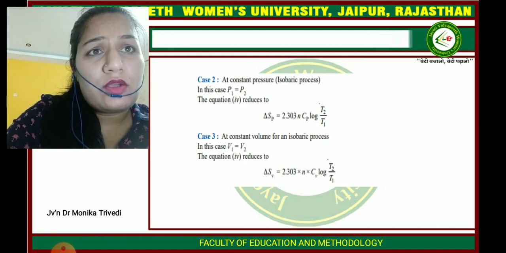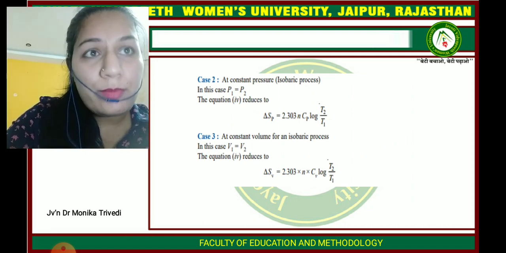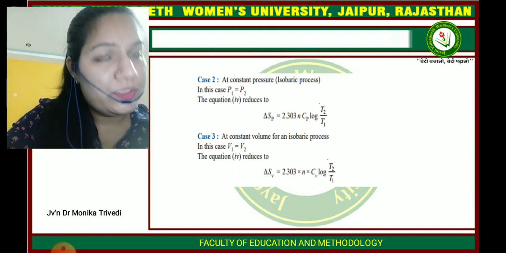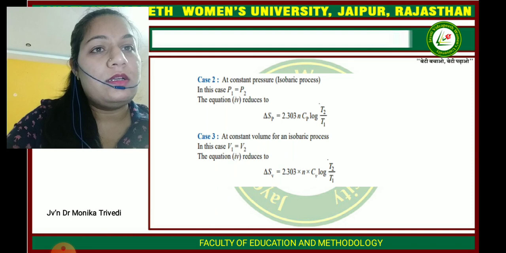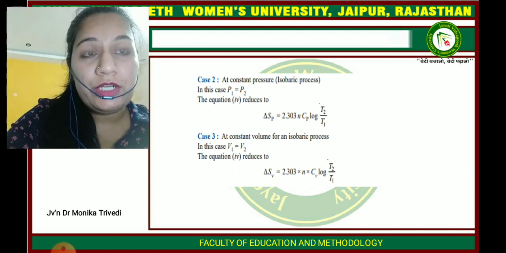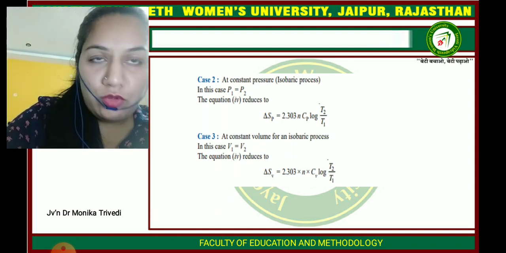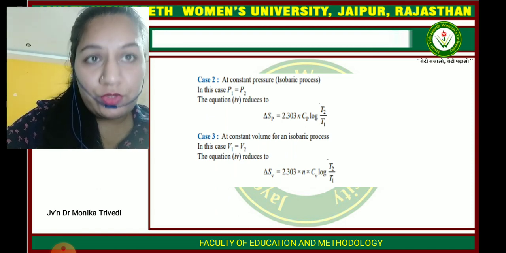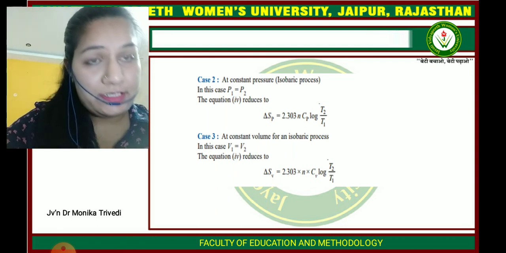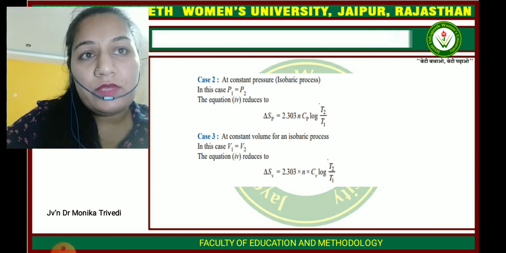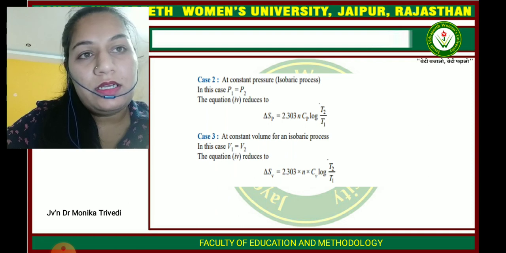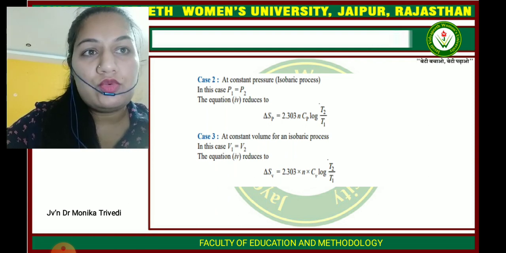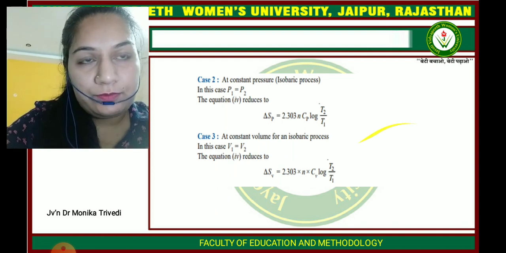At constant pressure, in an isobaric process, P1 = P2, so the equation reduces to ΔS_P = 2.303 n Cp log(T2/T1). At constant volume, V1 = V2, so the equation will be ΔS_V = 2.303 n Cv log(T2/T1).